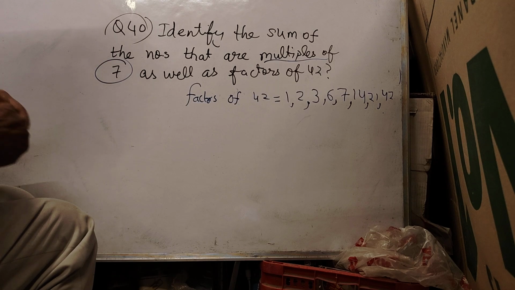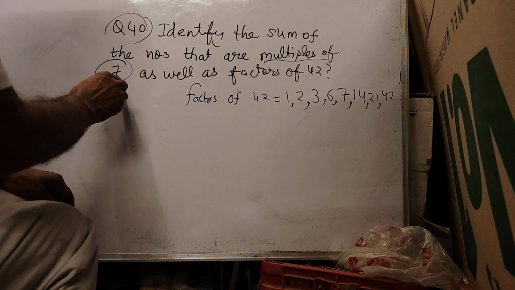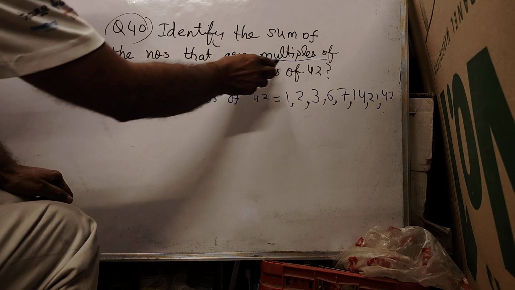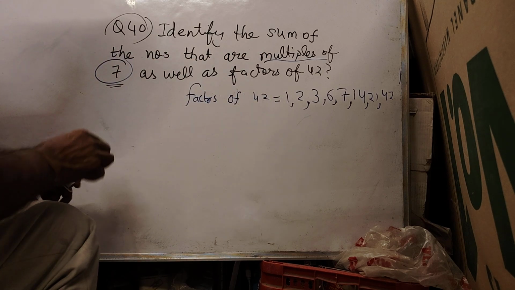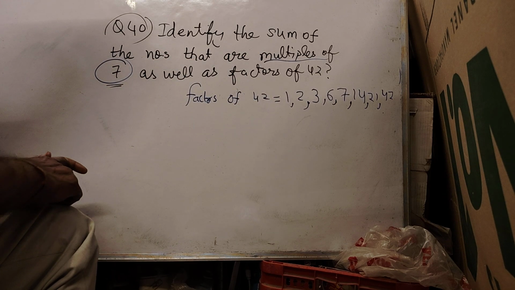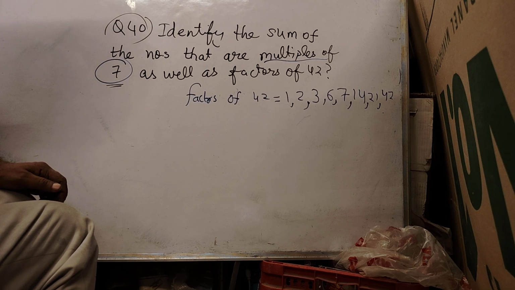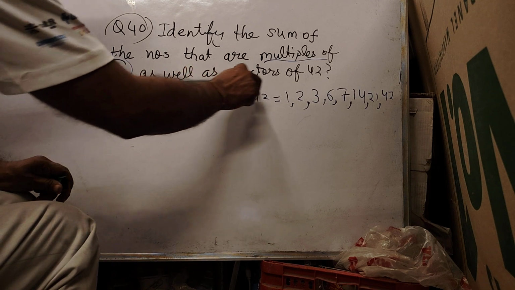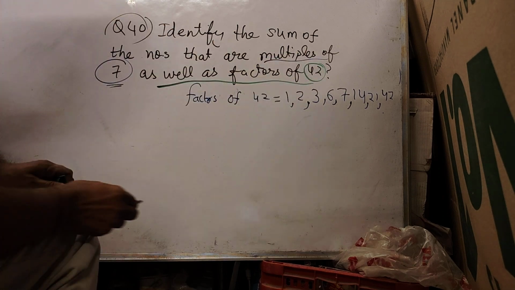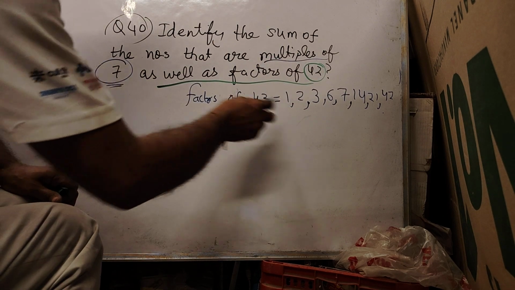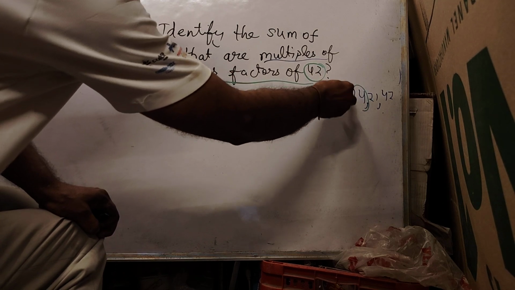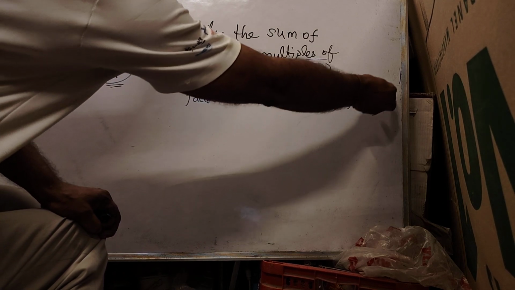So again here the 7, the question is to identify the sum of the numbers that are multiples of 7. So 7 is here, and we have to identify multiples of 7 as well as factors of 42. So factors of 42 and multiples of 7 are: first number is 7, next number is 14, next number is 21, next number is 42.